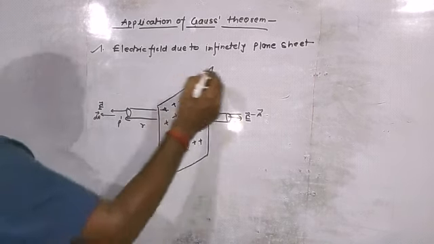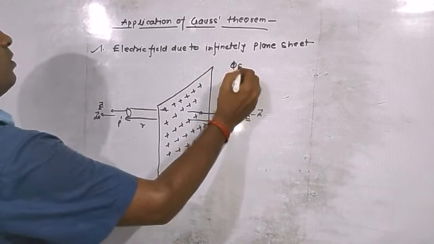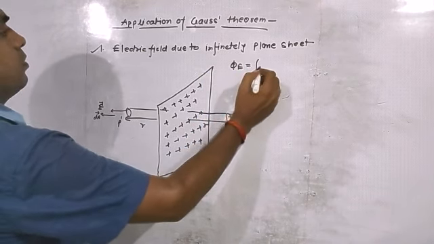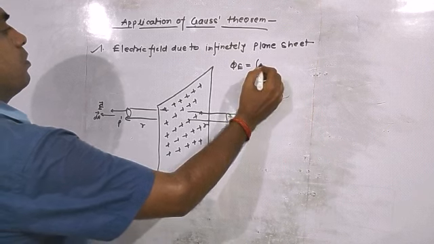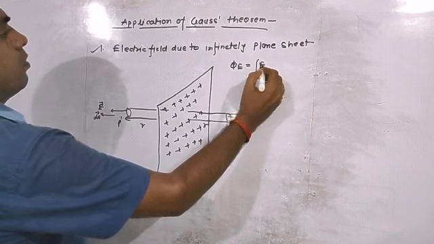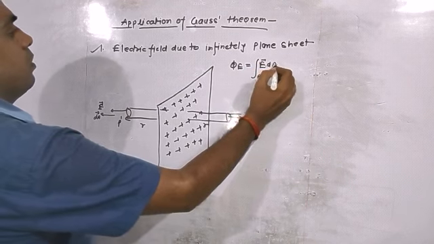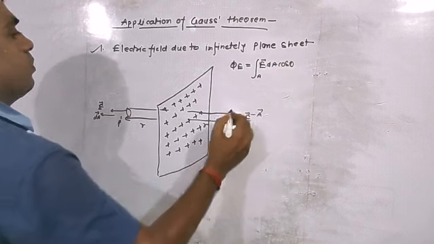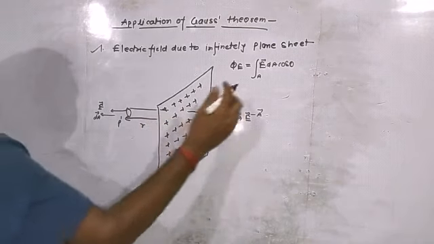So what will be the flux in this case? Phi E will be E dA cos theta for this sheet, added up together.